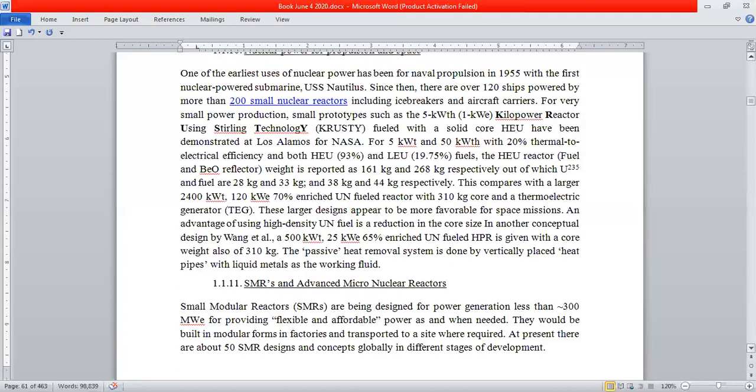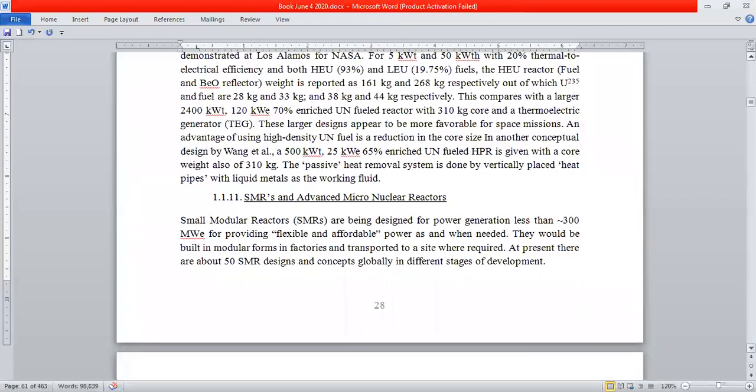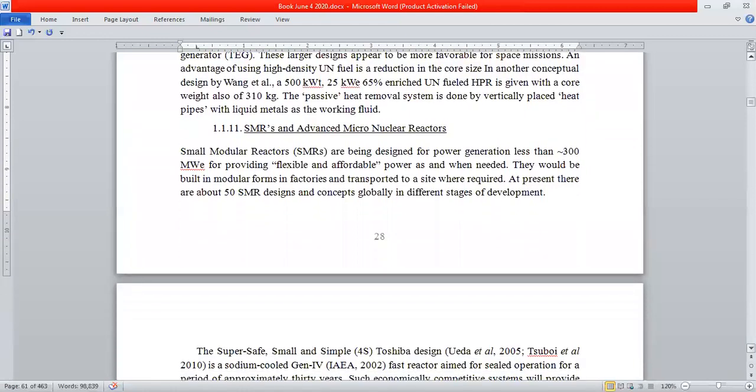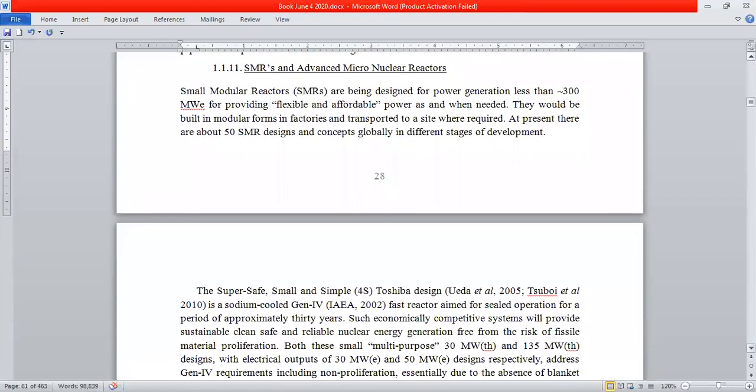Now, other more fascinating areas for youngsters, especially those interested in nuclear engineering and looking ahead to the next generation, are small modular reactors and advanced micronuclear reactors. Now, small modular reactors mean reactors with power generation less than about 300 megawatt electric.